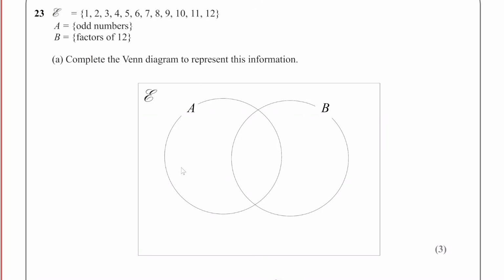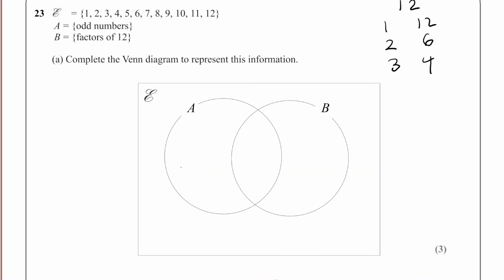Question 23. So all of our numbers, our entire set is 1, 2, 3, 4, 5, 6, 7, 8, 9, 10, 11, and 12. A is odd numbers and B is factors of 12. So factors of 12 are the numbers that multiply to make 12. We've got 1 times 12, 2 times 6, and 3 times 4. They're all of the factors of 12.